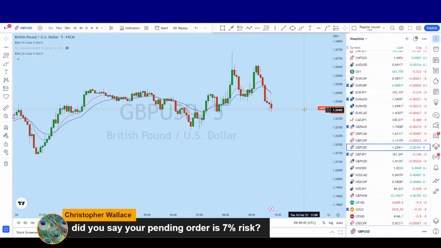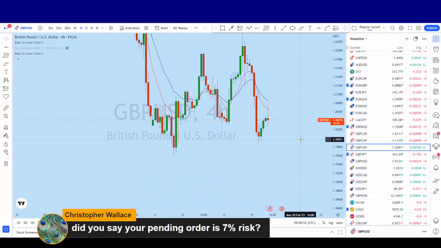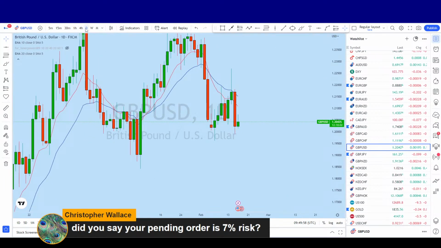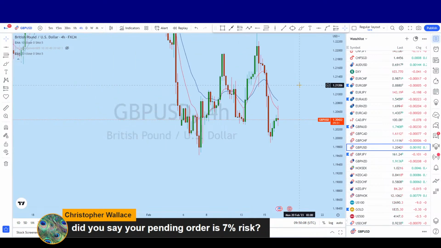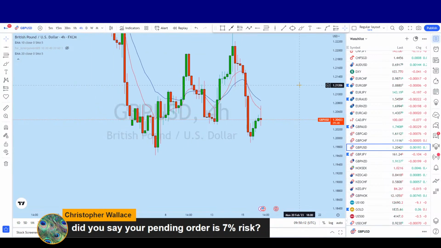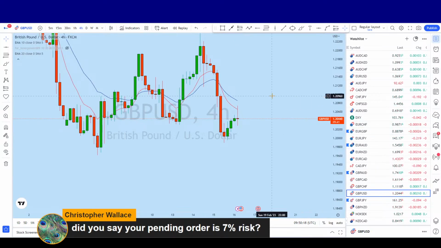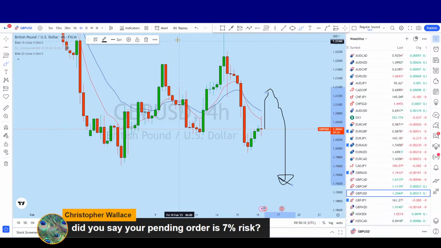GBP USD, let me look at. You know what I think, that you see GBP USD, Euro dollar, we could see during the next candle it will cover the news, we'll have another spike up, and then we might see it coming down.